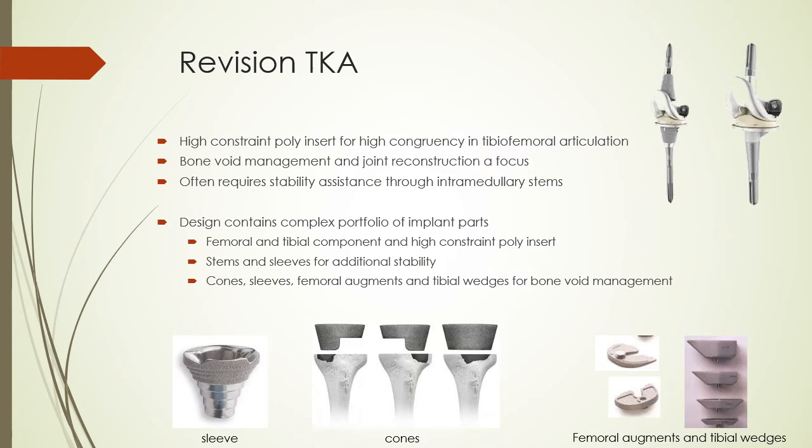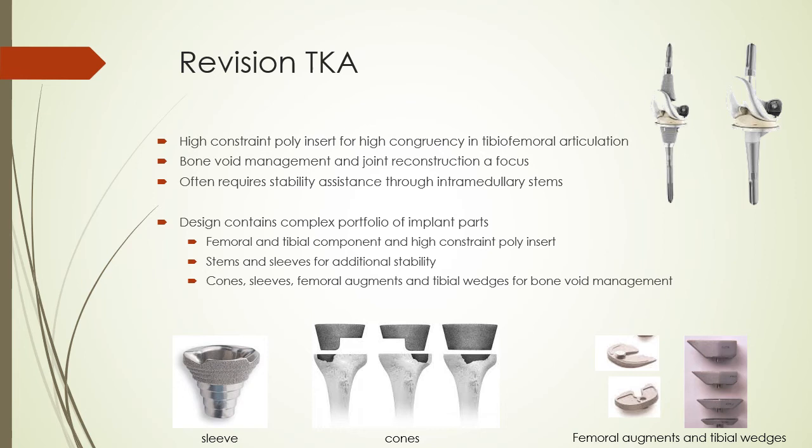So in general, for revision TKA components, you will see a highly constrained poly insert with the tibiofemoral articulation being constrained and with high congruency, because you need that added stability of the knee.